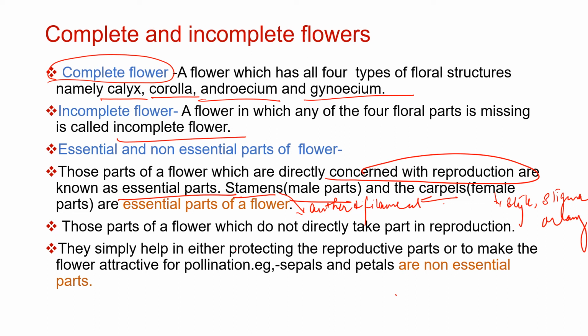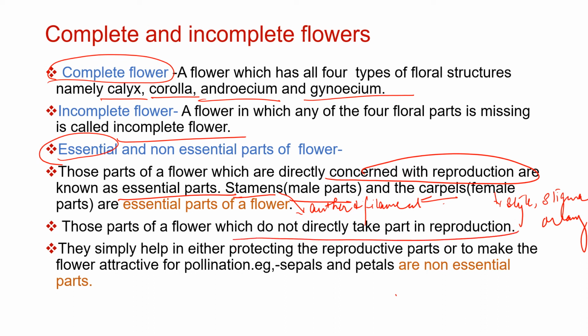Now those parts of a flower which are not at all related to reproduction are the non-essential parts. So essential parts, we are done with that. The male and female reproductive parts of a flower are the essential parts, whereas the non-essential parts are those which do not take direct part in reproduction. Is it clear?